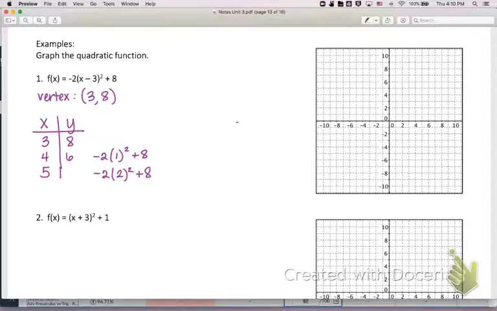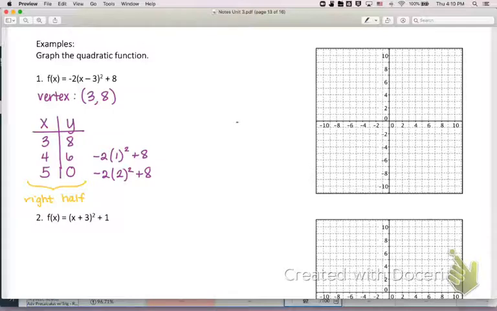Negative 2 times 2 squared is going to be negative 8, so this gives us (5, 0). Okay, this table is going to represent the right half of the parabola because we counted to the right, 4, 5. If we went backwards, 2, 1, that'd be giving us the left half.